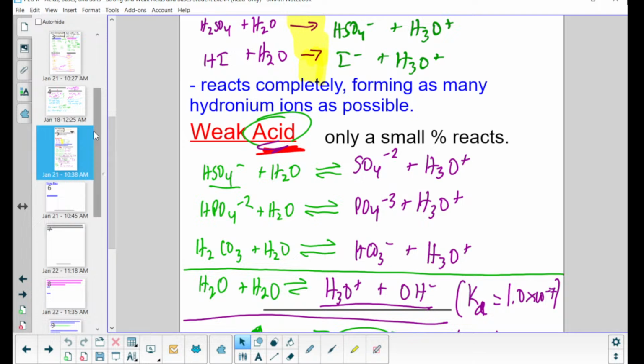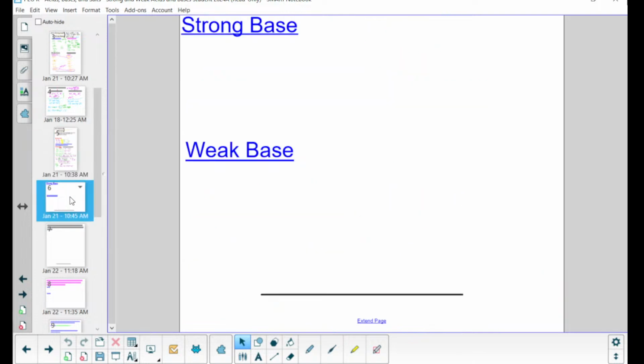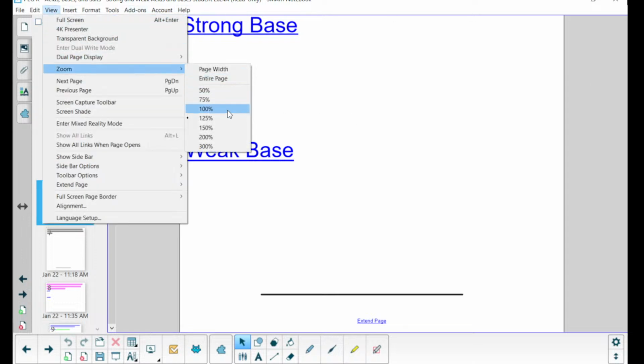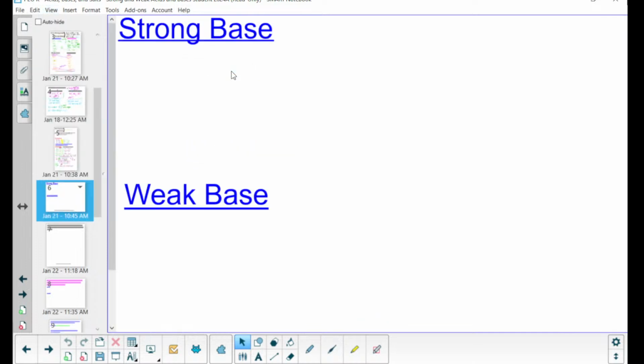There we go. There we are. Isn't it a highlighter? What are we even doing? Oh, strong base. Why is there no space?